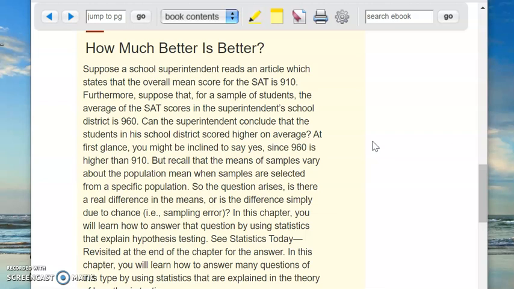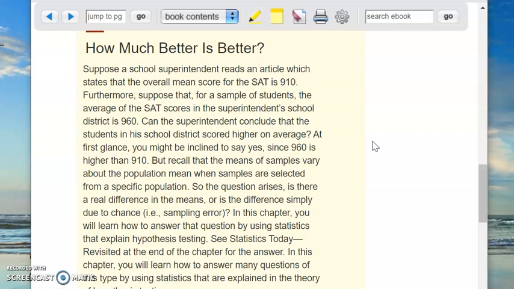We know from the central limit theorem that there's a mean of the X bars and there's a standard deviation of the X bars. So you don't have any way of knowing if this sample that you chose from your superintendent's school just by random chance happens to be higher than the population in general. Maybe if you picked another sample of those kids, they would be lower than the average from the population.